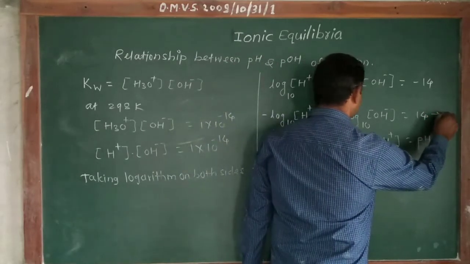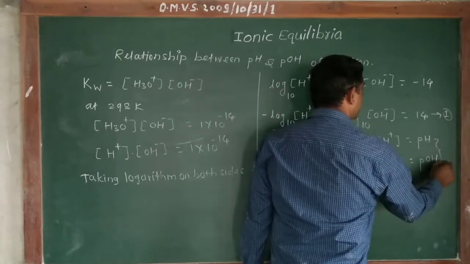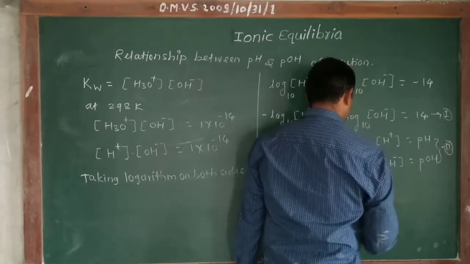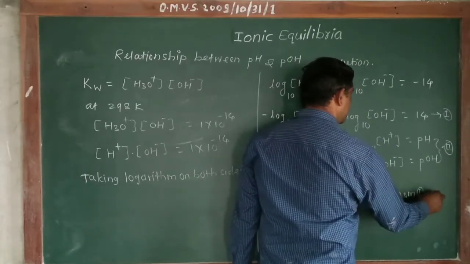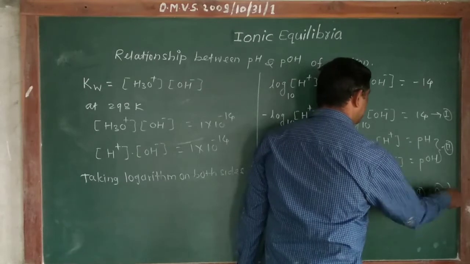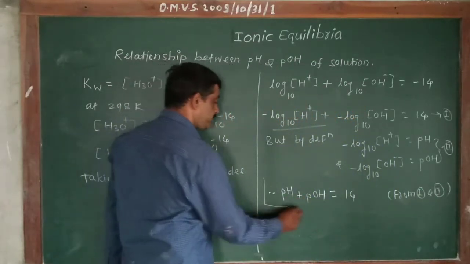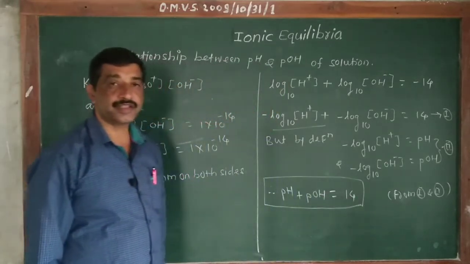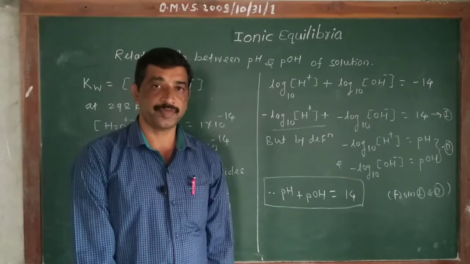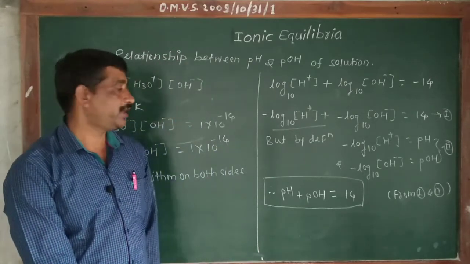We say this is the first equation and this is the second. So from 1 and 2 we write pH plus pOH is equal to 14. This value gives us the relation between the pH and pOH. So pH plus pOH is equal to 14.